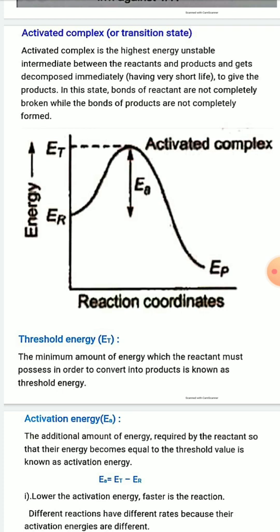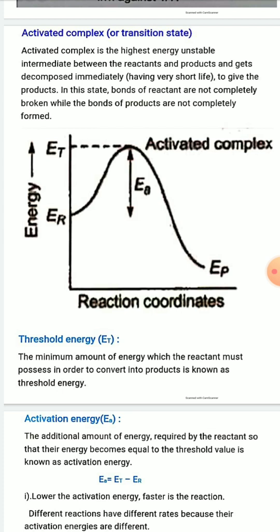See the graph. This is the reaction profile or energy profile graph of a chemical reaction. It is actually an energy versus reaction coordinate graph. On the energy axis, you can see ER, which means energy of reactant, EP means energy of product, ET is the threshold energy, and Ea is the activation energy of the reaction.